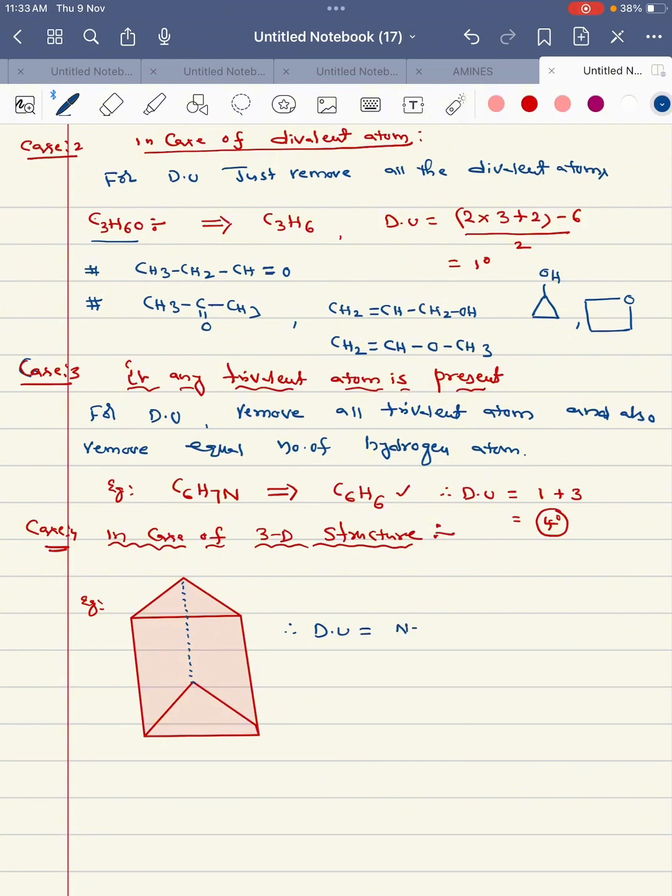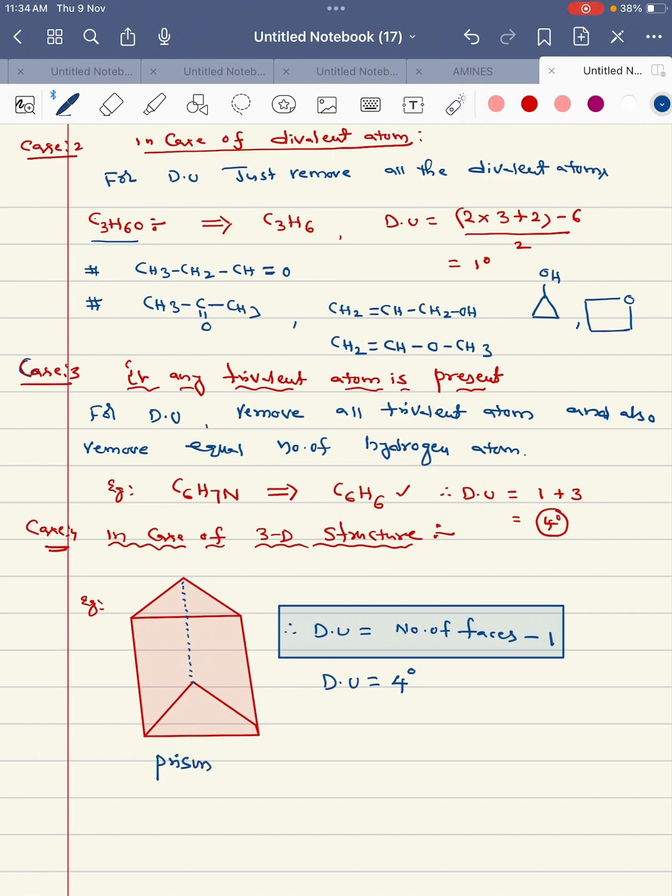Therefore, DU is equal to number of faces minus 1. This is the formula, students. In case of 3D structures, number of faces minus 1. So what DU will come here? It is one of the cube shapes. 4 is the answer, 4 degrees.